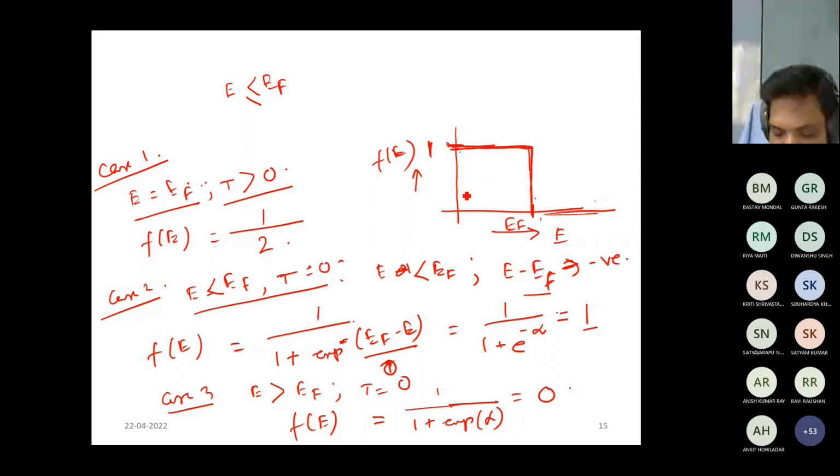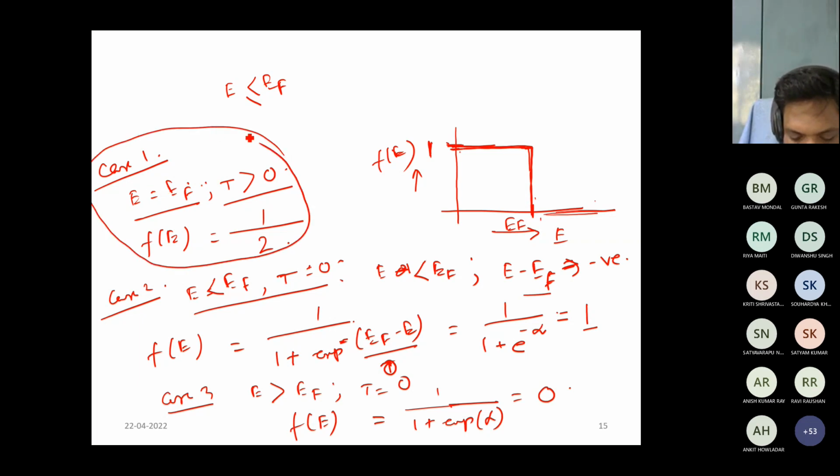Whereas for case 1, as we have already seen, for T greater than 0 the probability distribution function F(E) becomes half. If this is 0.5, the variation at any finite temperature will be symmetric about the Fermi energy.